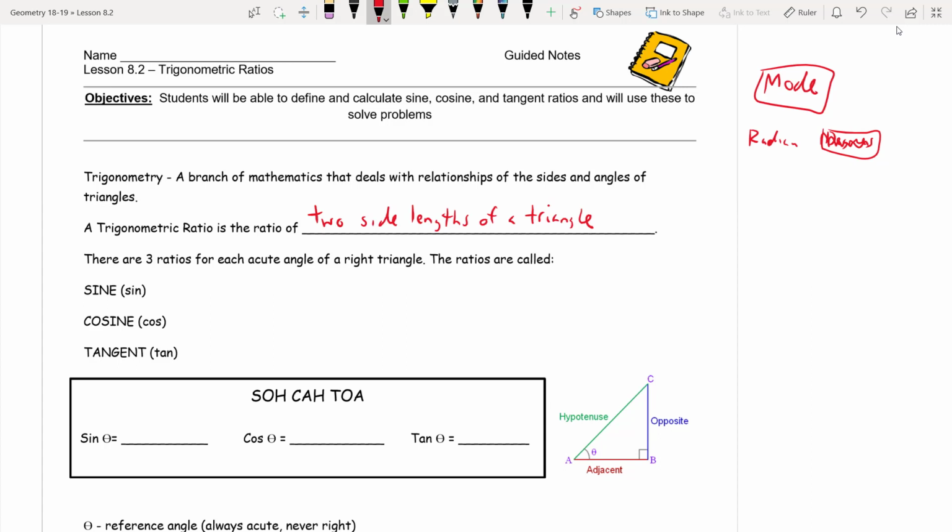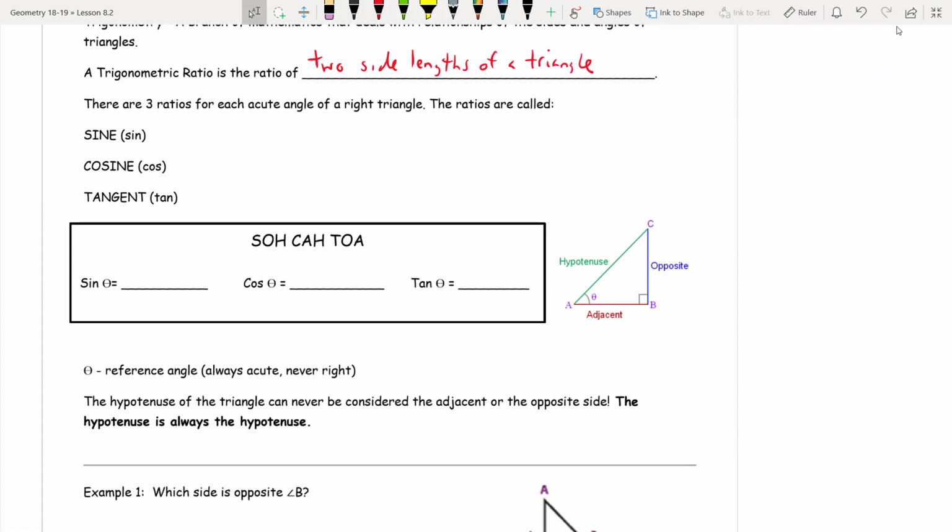Comparing these values, we've got this thing called SOHCAHTOA. We use that as an abbreviation to help remember the ratios. The sine ratio is the comparison of our opposite side over our hypotenuse. The cosine ratio is the comparison of our adjacent side over our hypotenuse.